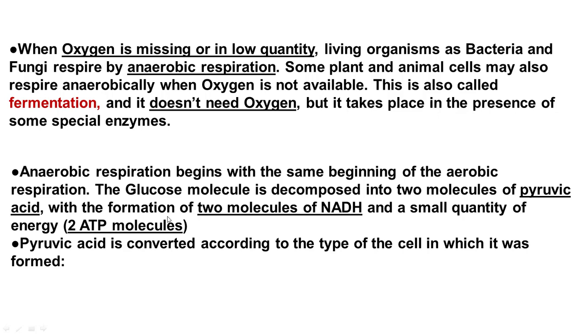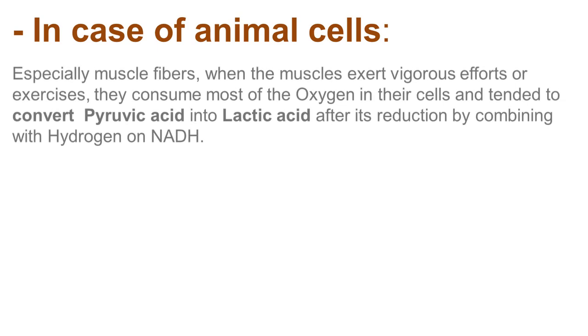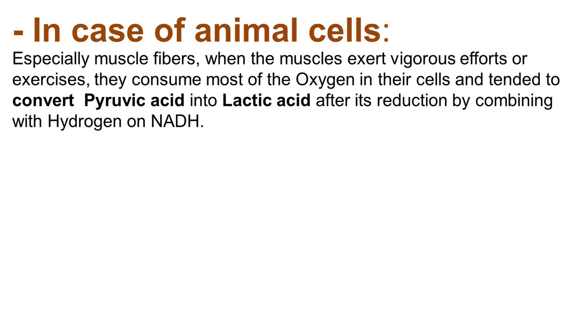Pyruvic acid is converted according to the type of cell in which it was formed. In the case of animals, acidic fermentation: this is when the muscle exerts a lot of effort, and the blood cannot bring a huge amount of oxygen. To get quick energy, not enough but quick, the muscle turns the pyruvic acid to lactic acid to get a small amount of energy.